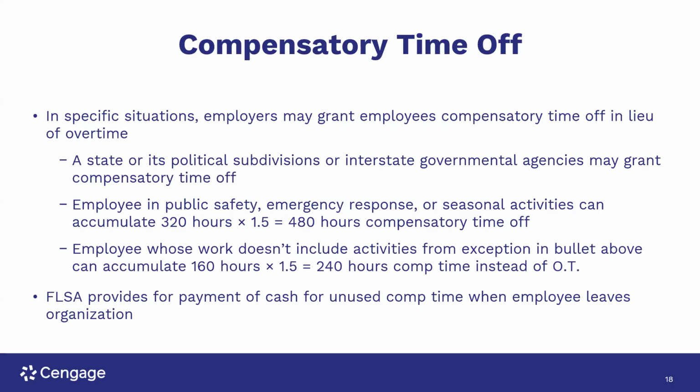And if they don't work in those activities, they can accrue up to 240 hours of comp overtime instead of overtime. So then they get to take that when they would like, and effectively they are receiving time and a half for those hours. And if an employee leaves the organization, then they must be paid out in cash for that unused comp time.